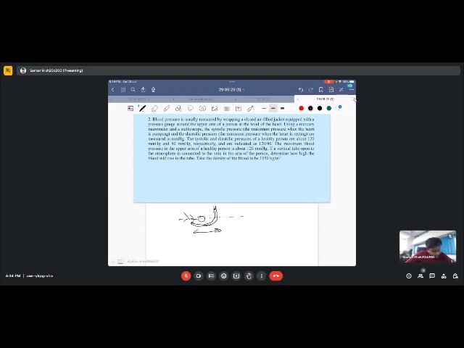We can assume that this horizontal distance over here is negligible. I just drew that for the sake of understanding. We just need to find out, let's say, this blood height H, which is the height to which the blood rises.